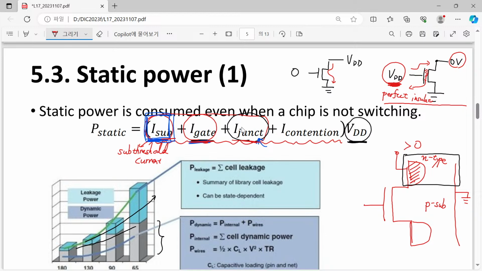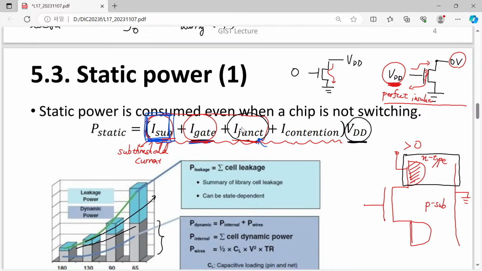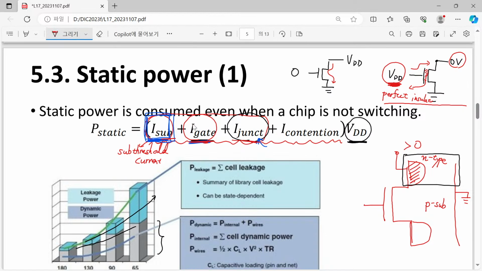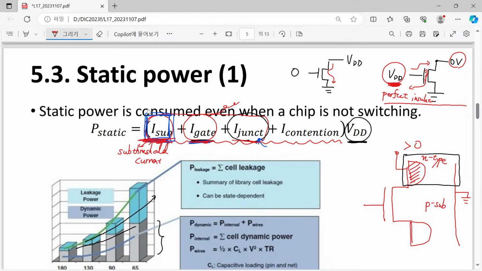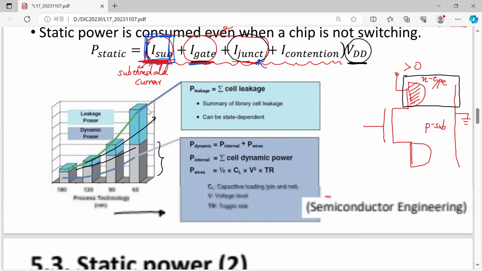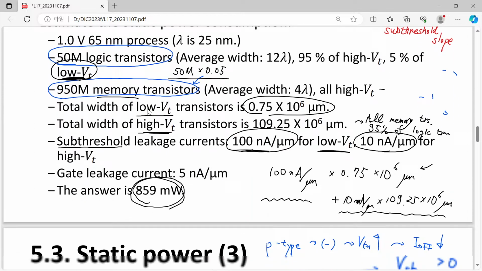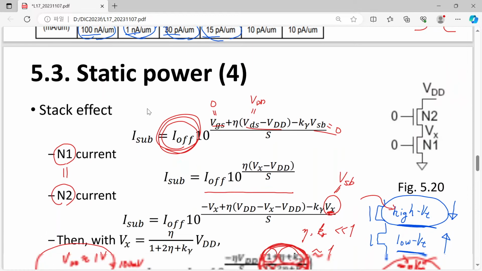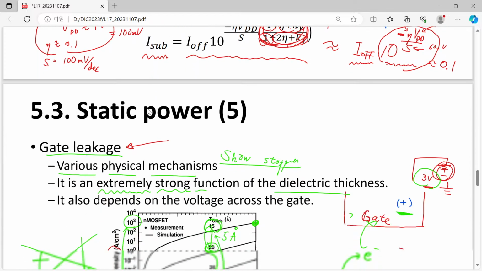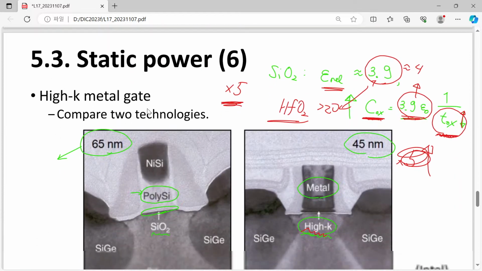However, by introducing this high K metal gate, the problem of leakage current can be more or less resolved. So the static power is solely determined nowadays by sub-threshold current. That's the reason why we always talk about the sub-threshold leakage current. So are you all with me?